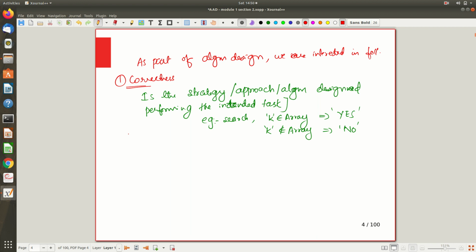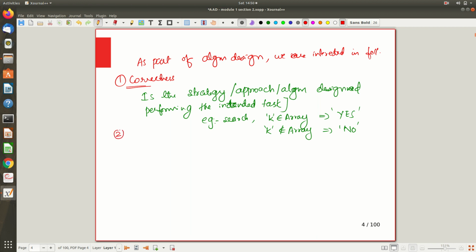You can assume that all the algorithms given in your CLRS textbook are correct, and their correctness is already proved. I am just introducing that concept only; we are not going to see it in detail. That is mandatory, the minimum requirement: whenever you are proposing an algorithm, it should be logically correct.